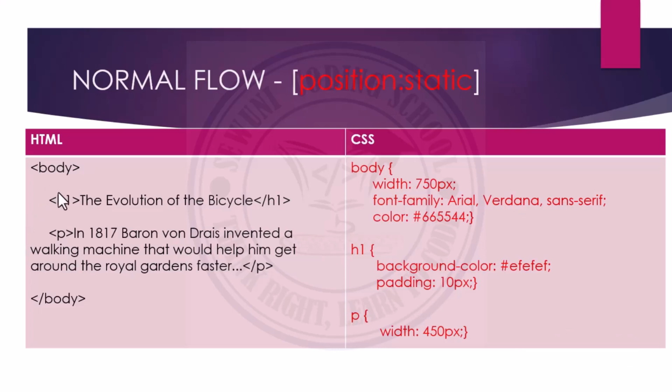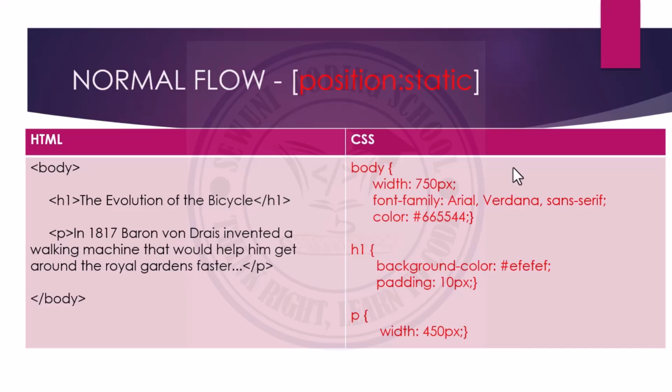So this is the body, which has a level 1 heading, and it has a paragraph as well. And then this is the CSS style. By giving it a width, okay, the entire body of 750 pixels, a font family, give it a color, and the block 1 heading has a color also, and a padding of 10 pixels, and the paragraph is going to be 450 pixels.